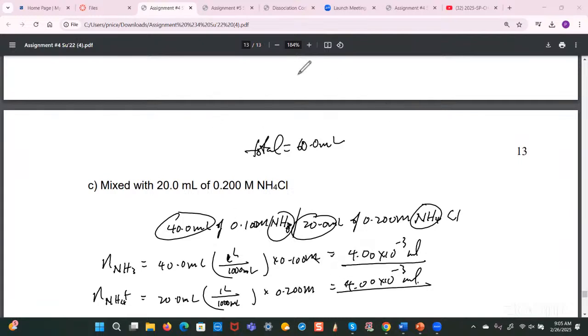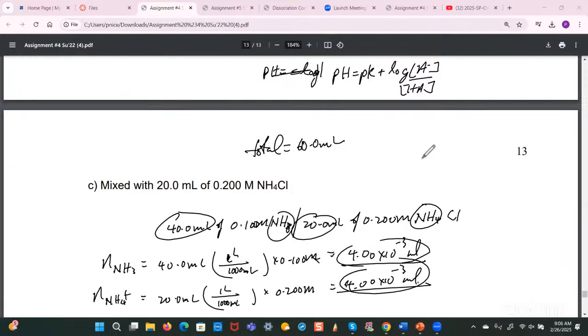If we go back to the Henderson-Hasselbalch equation, pH is equal to pKa plus log of the concentration of A minus over HA. Because these two are the same, the concentration of A minus and HA will be the same, right?